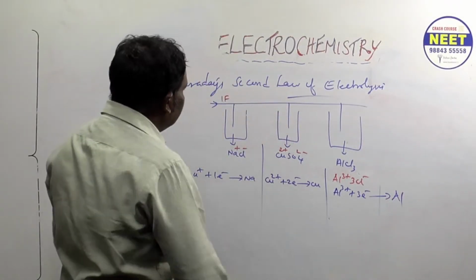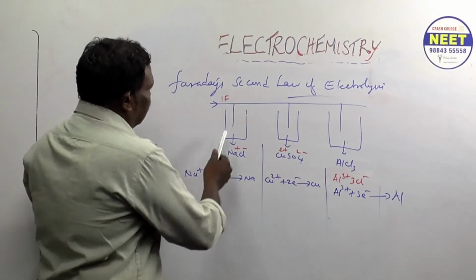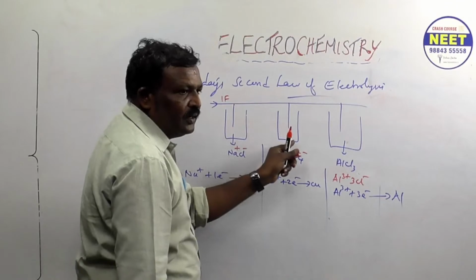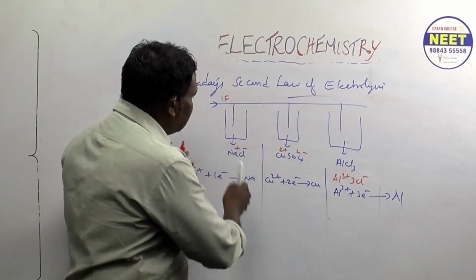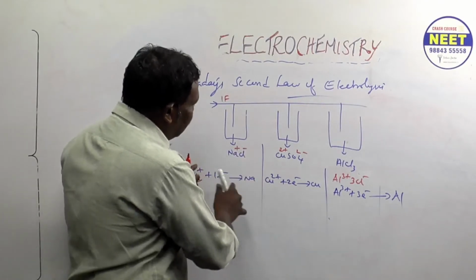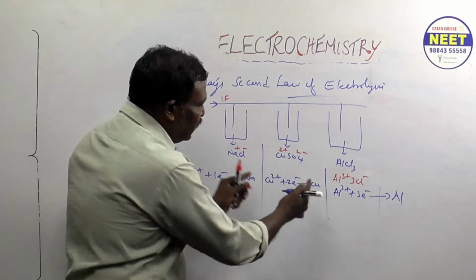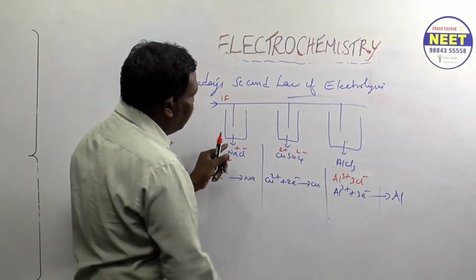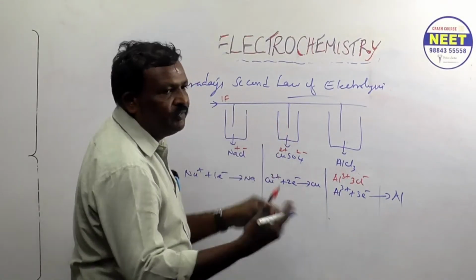See, when you pass the same quantity of electricity through different electrolytes, the mass of the substance deposited at the electrode depends upon its equivalent weight. The equivalent weight will be different. Even though we are passing the same quantity of electricity, the amount of substance deposited at the electrode will be different.